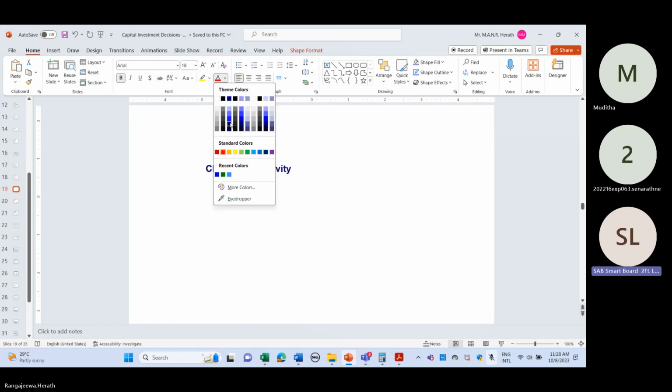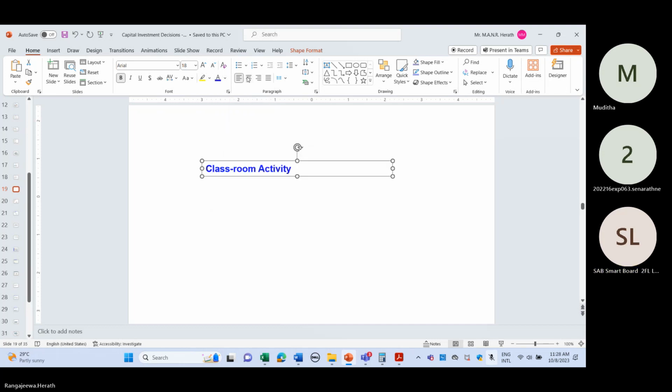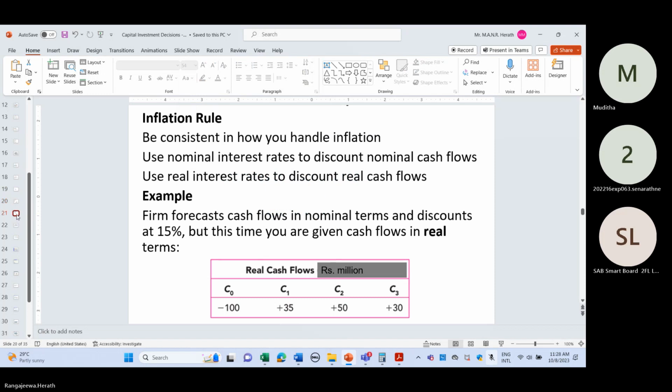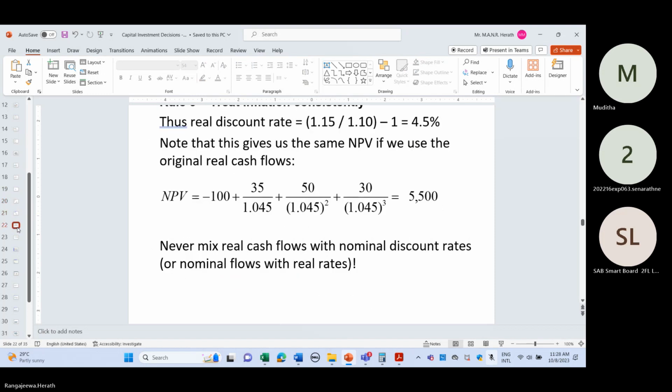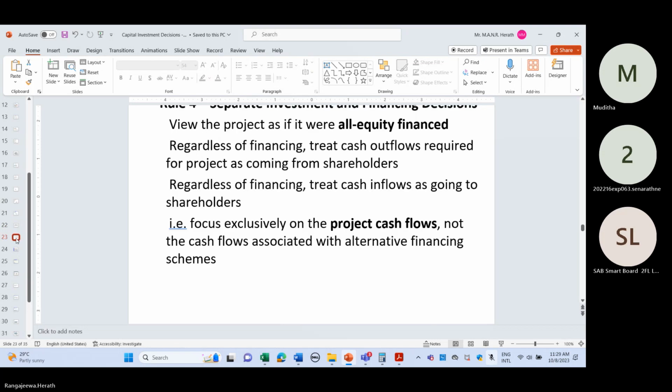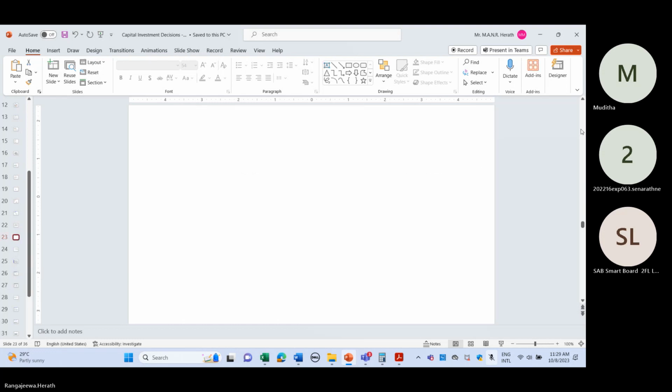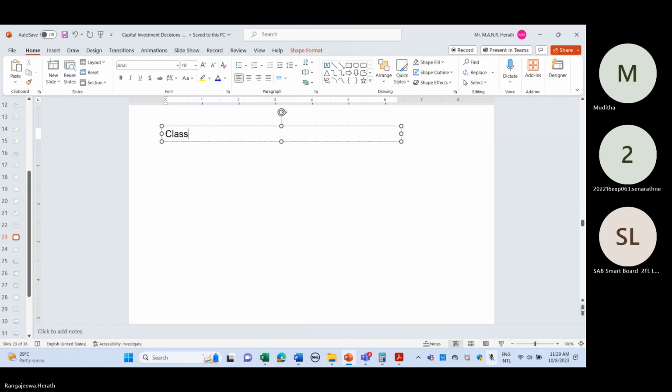Have this classroom activity what we discussed. To give you a small activity.